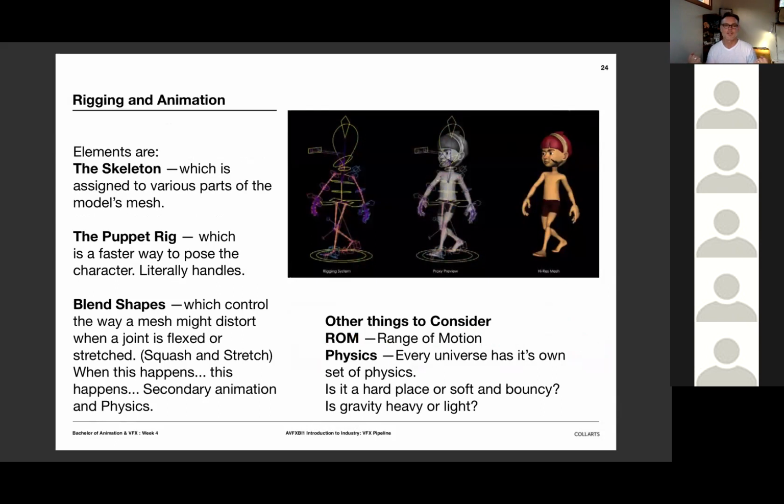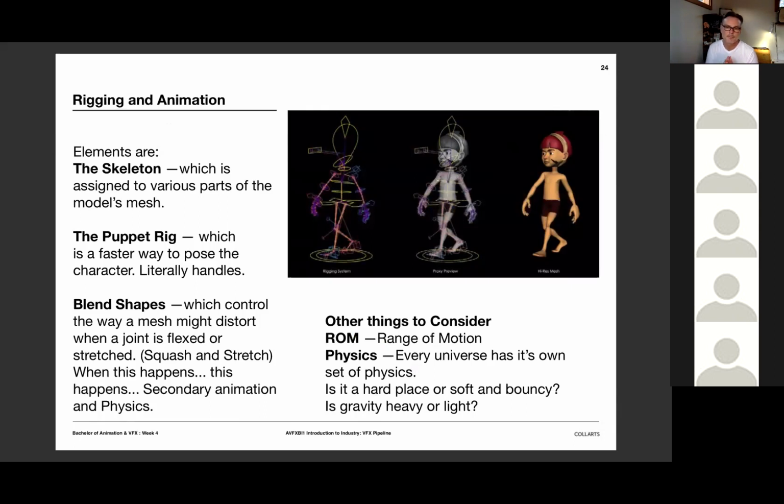Say you've got a character bending an arm, and instead of the mesh pushing into itself in an unrealistic way, it might squash and stretch as the mesh is animated, posed or moved. It's also good for secondary animation and applying physics.